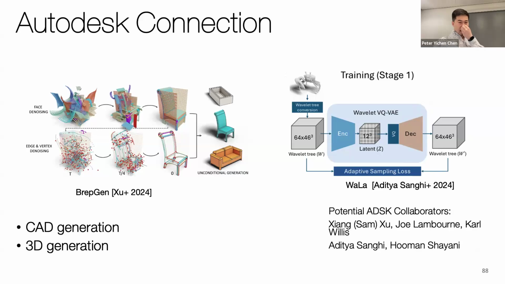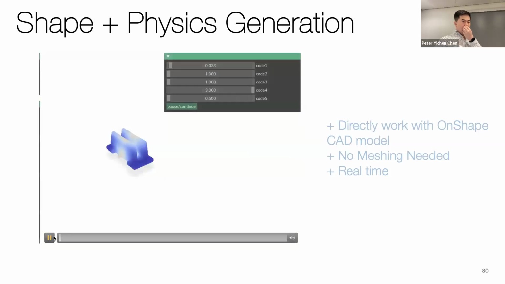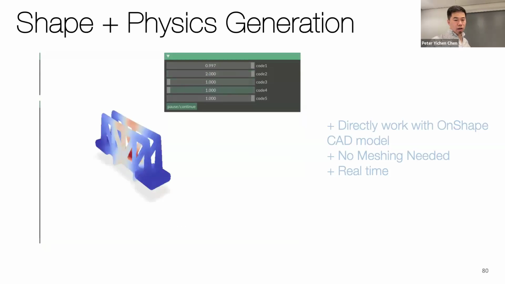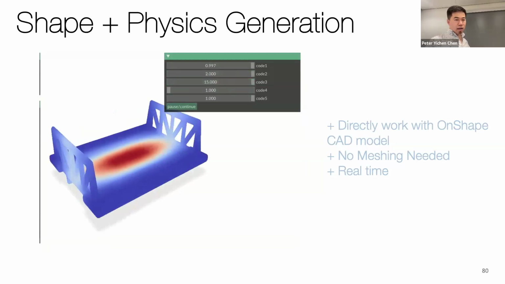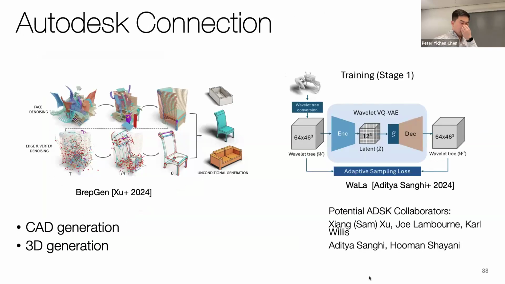That essentially corresponds to this example. We have this different shape representation, right? And then how can we actually really fast simulate these generated shapes? Essentially, the trick is how can we map these shapes to this low-dimensional representation and therefore simulate them really, really fast. And once you can simulate them really fast, again, because we're not bound to a particular representation, we can directly work with CAD models or any kind of shape that is being generated.